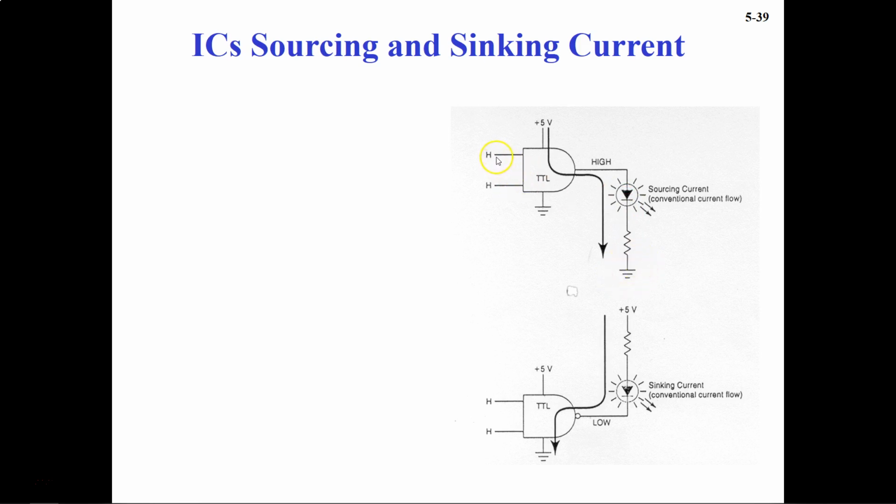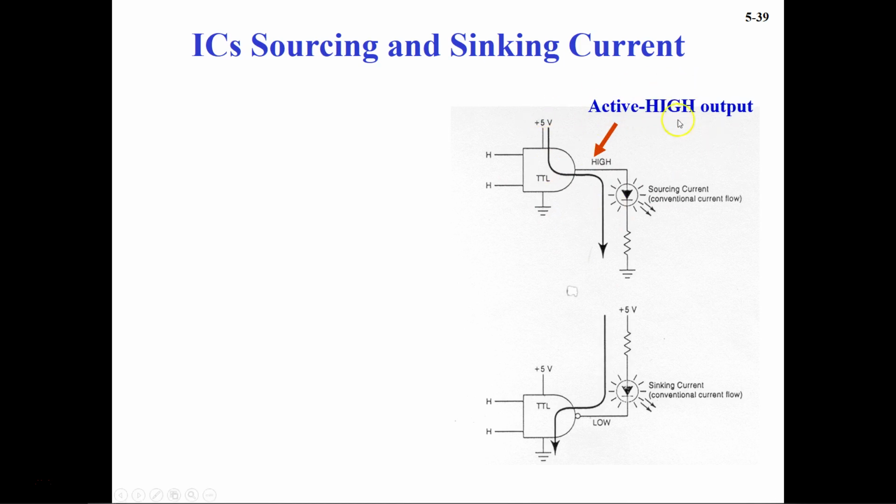So in this case, if you have high in the AND gate, if you remember, if you have 1-1 logic, then the output was also 1. So in this particular case, when you have high input, then the output is going to be high, which means the 5 volts will directly go into the LED, turning it on, and further going into the ground. So this type of circuit is called active high, and this is called IC sourcing.